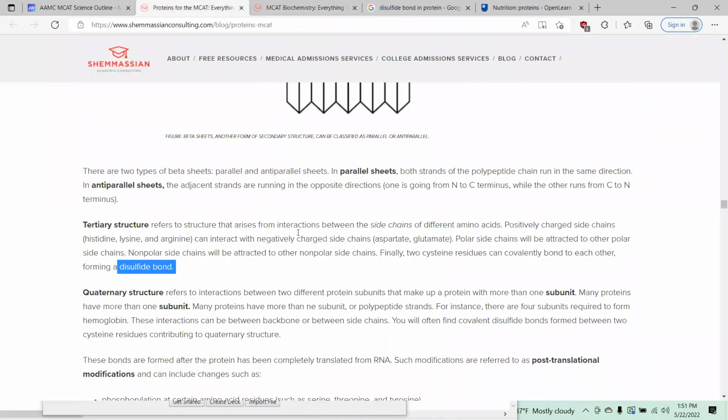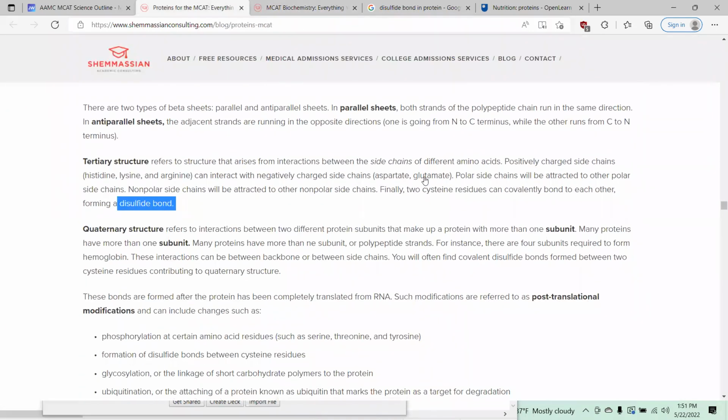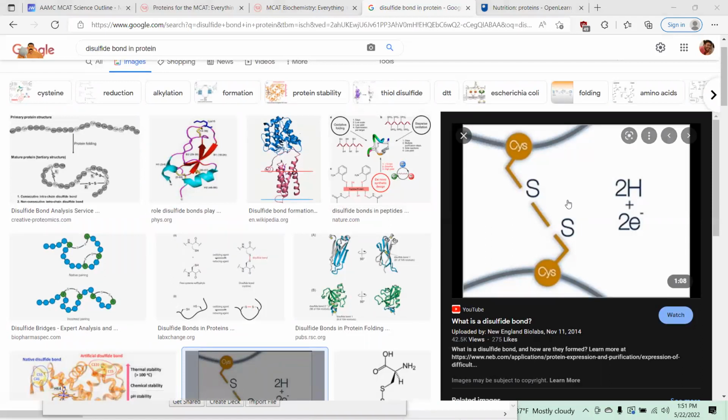And then disulfide bonds are these guys. The cysteine has an S at the end, and the S and the S can link up and form a polar covalent bond. So this is also very important. This shows up later with a lab test, reducing and non-reducing.